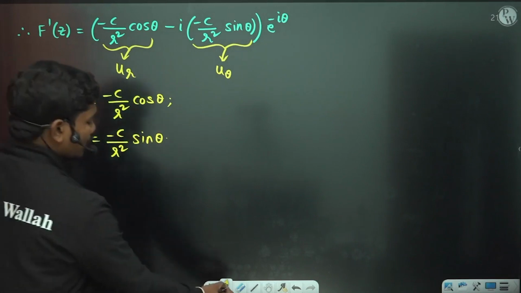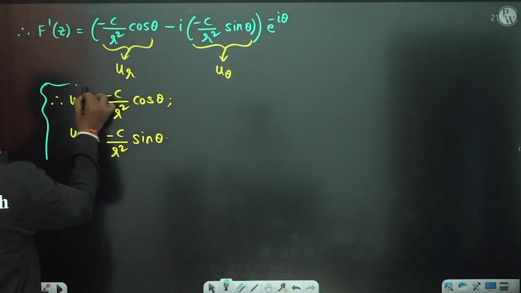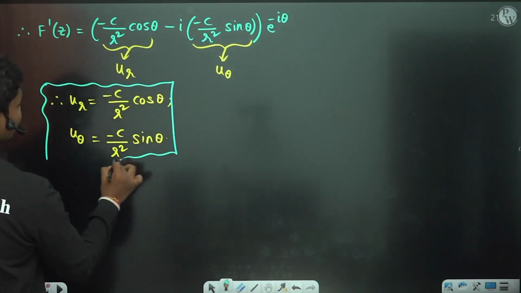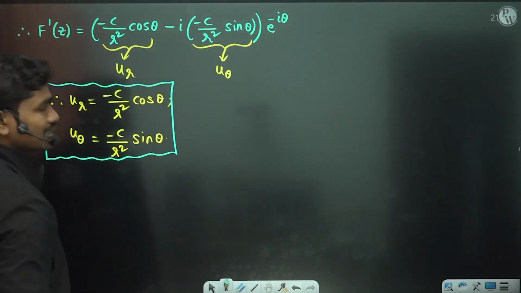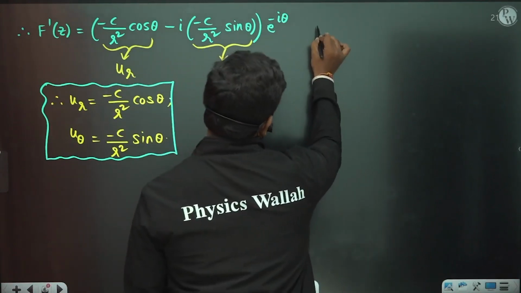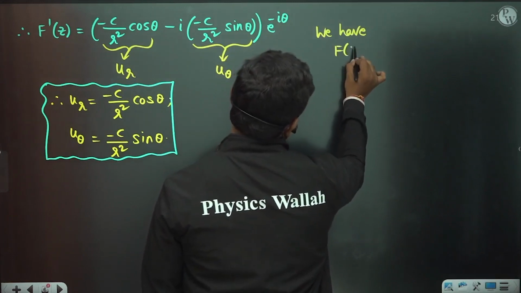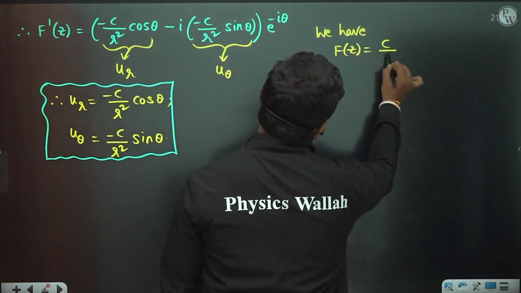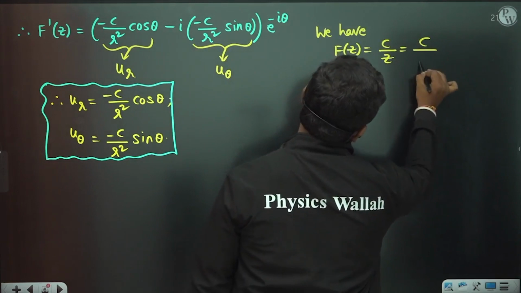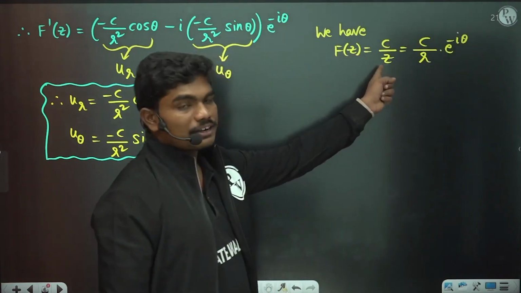So these are the velocity components at any given location, means at any given point. These are the expressions for the radial and azimuthal velocities. Okay, and also you have this quantity f of z, we have f of z is equal to c by z. Correct. So this can be written as c by r into e power minus I theta, because z can be written r into e power I theta.